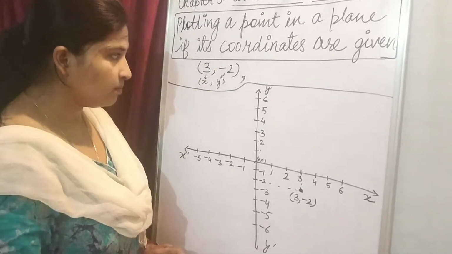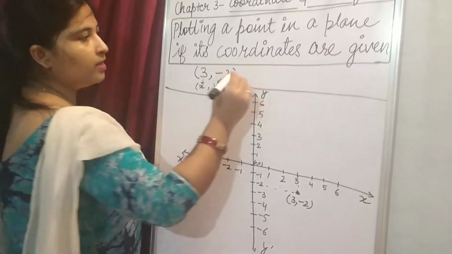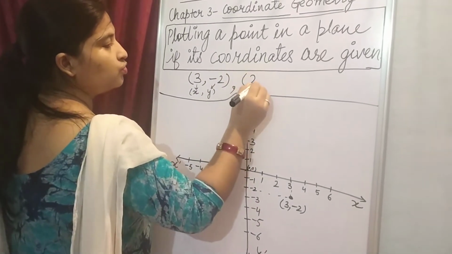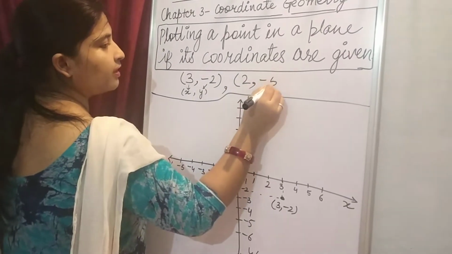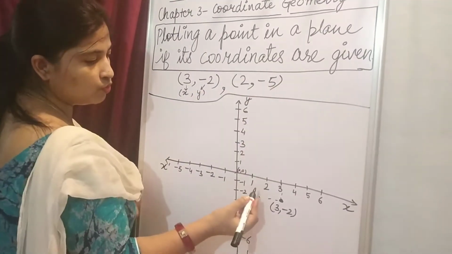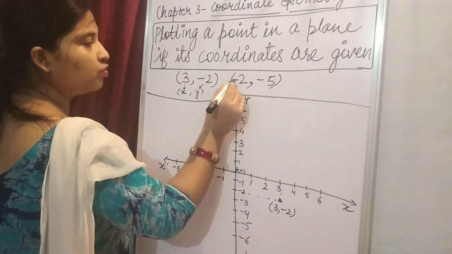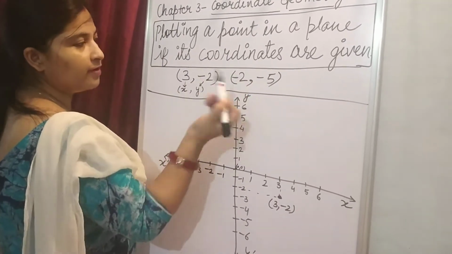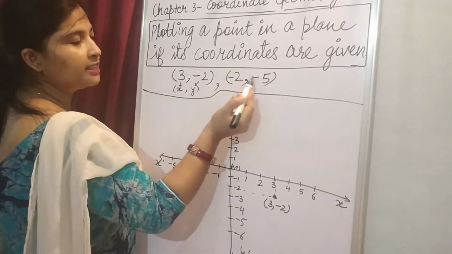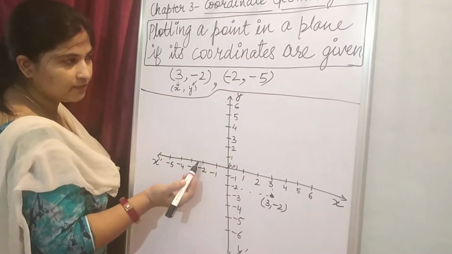At the same time, I will give one more example. Like if I have (-2, -5). I'm taking -2, not 2, because we have already taken one positive. -2 is for the x-axis, -5 is for y. So on the x-axis where is -2?